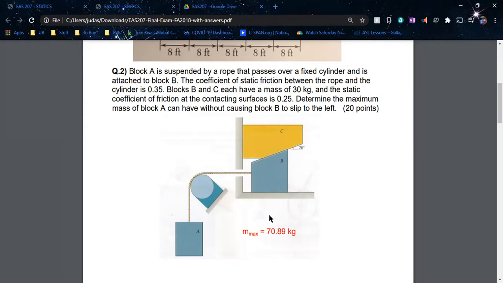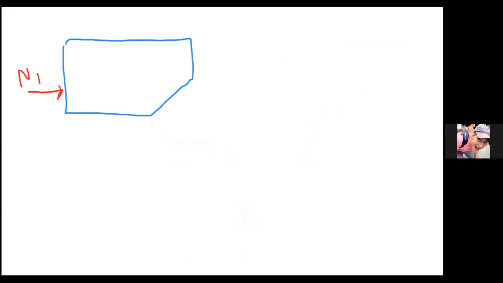So if I share my whiteboard, perfect. So the first thing that I want to do is draw a free body diagram for at least the blocks is what I'm going to start with. So this is going to be block C. I'm going to have a normal force, which I'm going to call normal force 1, and then frictional force 1.